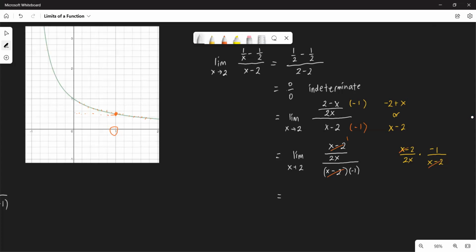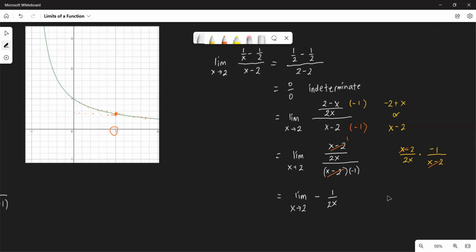So we have 1 over 2x, and then the negative sign before the fraction itself. So we have negative 1 over 2x as x approaches 2.